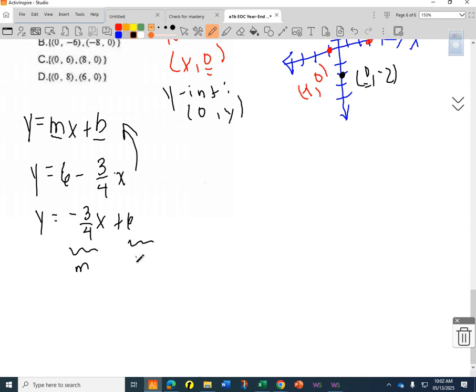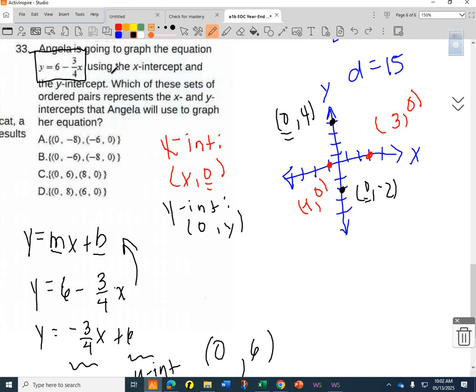And we should know that that is the y-intercept. So if the y-intercept is 6, what does that ordered pair look like for a y-intercept? The number 6 is going to be here, and this would be 0, right? So the y-intercept of this line is 0, 6.